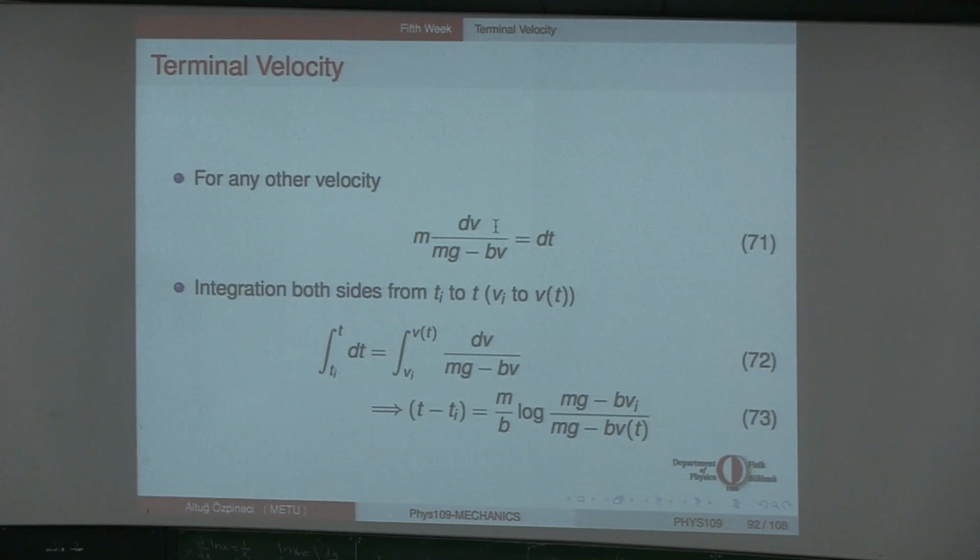I do expect you to know what integration means: just a summation over very small quantities. Well, if you also carry out this integration, that is even better. If you don't do it, you will not lose much. You will lose some.